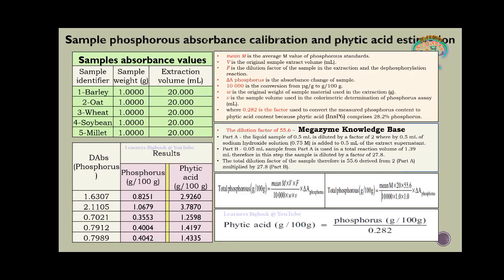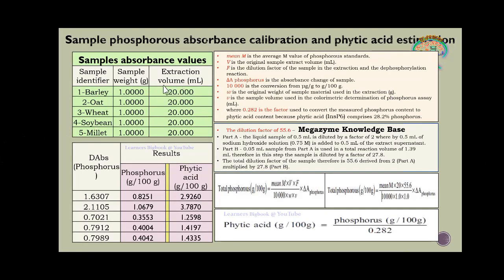Further, this is the slide where we are going to discuss the sample phosphorus absorbance, calibration and phytic acid estimation. Here we are going to calculate both the phosphorus amount and the phytic acid amount. Now you can see we have to consider the samples we have taken and the sample weight we took during the initial sample preparation.